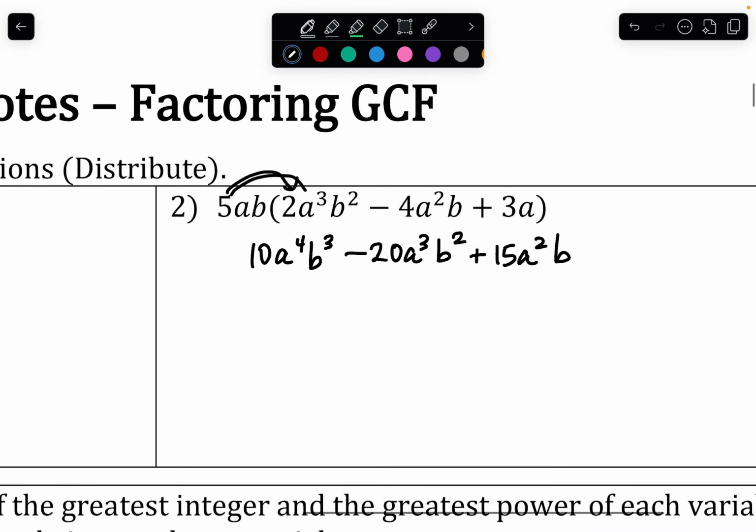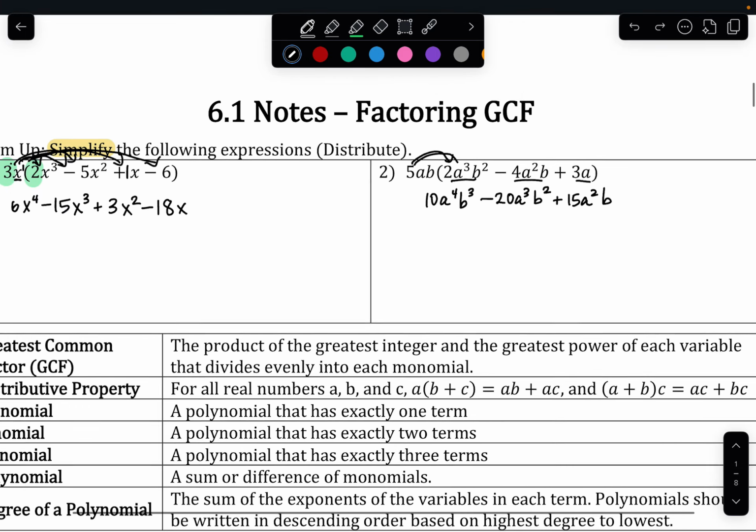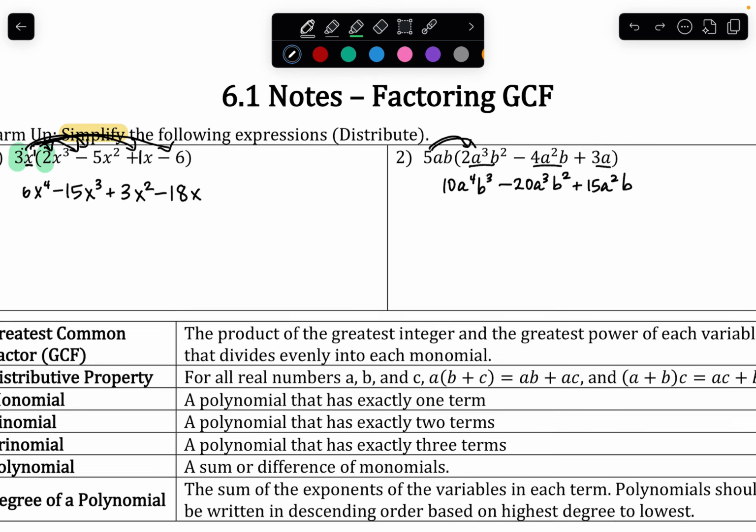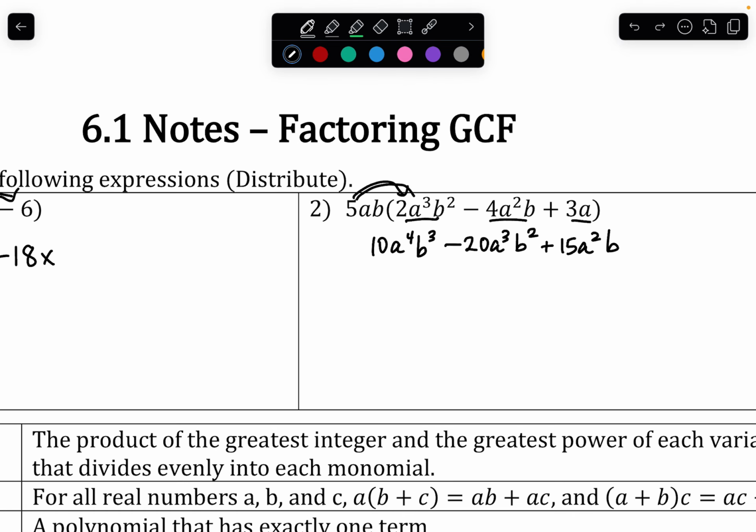And so something I want to point out is if we are distributing to 3 terms, our final answer should have 3 terms, okay? And so when we start factoring GCFs, we are doing this process in reverse. We are starting with this expression, and then we are trying to factor out what was distributed.